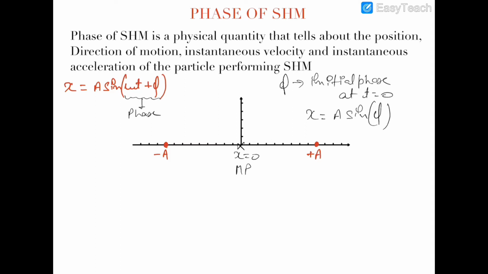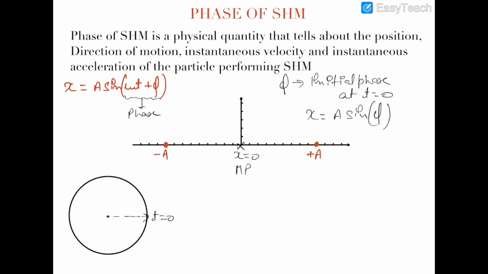Now to understand the working of phase and to calculate the phase, we understand the different phases of the different positions. So to understand that, let us compare this SHM with a circular motion. So there is a particle which is performing a circular motion starting from this point. Now let us compare the circular motion with SHM. So in this SHM, the particle has started from this point x equals 0.